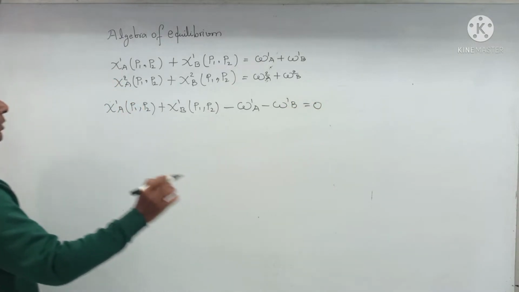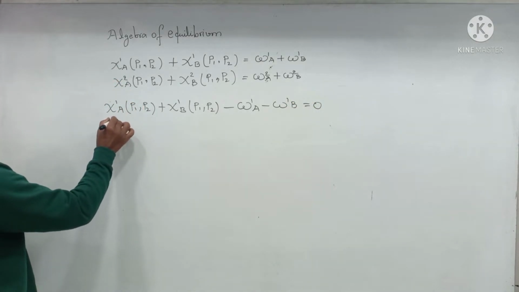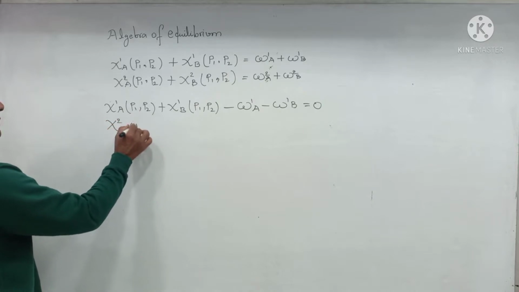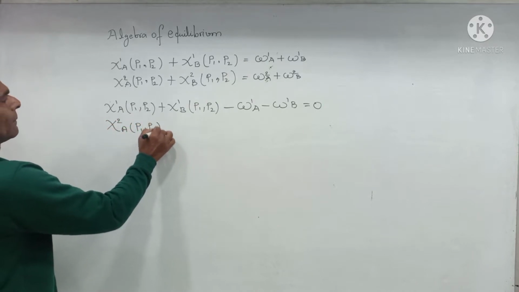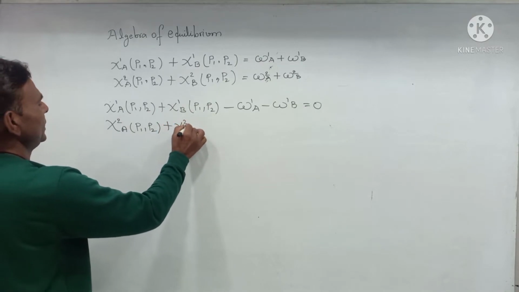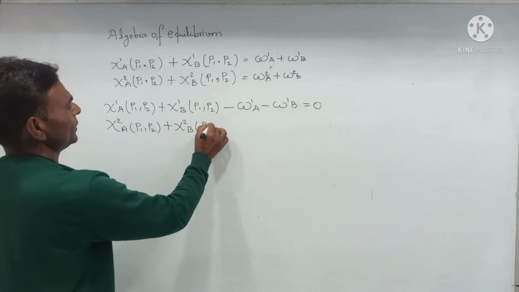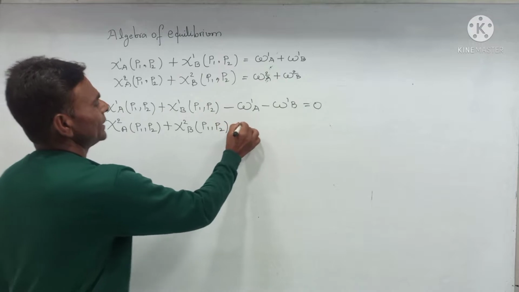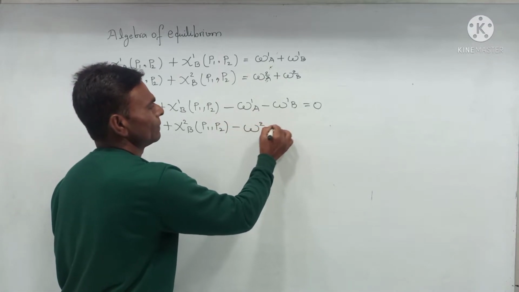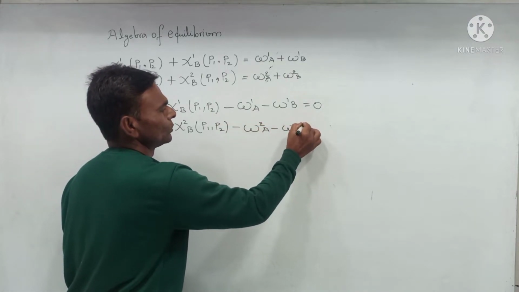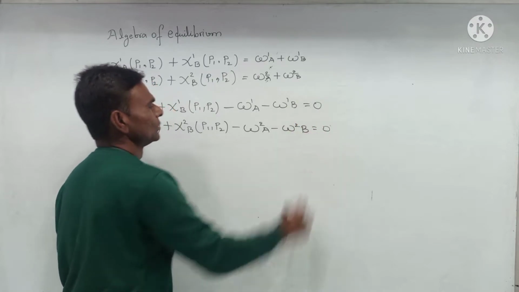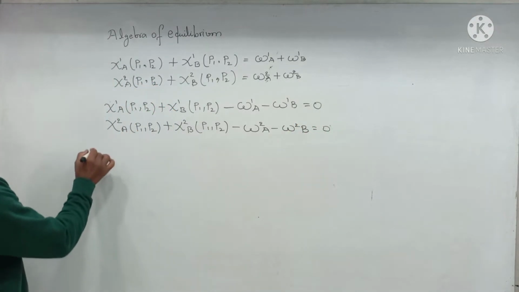It can be written in this form, no problem. And similarly x2a, which is a function of p1 p2, plus x2b, which is a function of p1 p2, minus w2a minus w2b equal to 0. No problem.